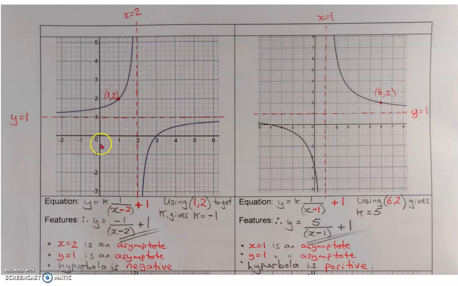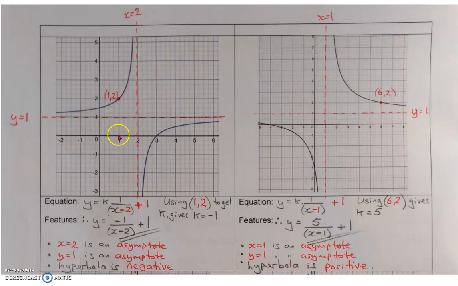It's gone 2 units this way. So we write x minus 2, even though the hyperbola has been moved in the positive x direction, we write negative 2 here. So our equation must start y equals k times 1 over (x minus 2) in brackets.